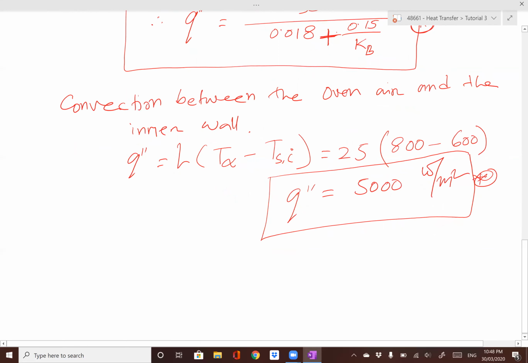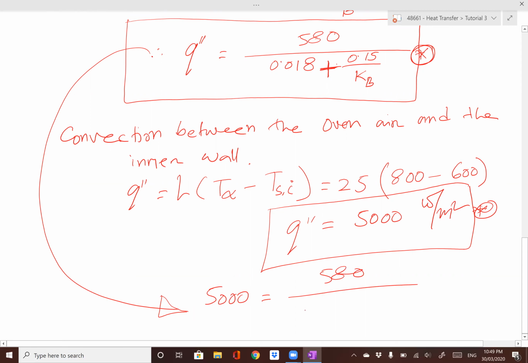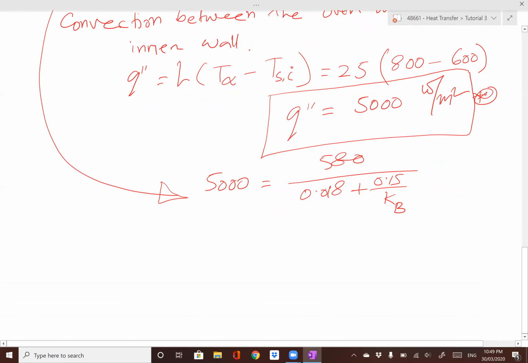So we can write down here, from this equation, 5000 equal to 580 over 0.018 plus 0.15 over thermal conductivity for material B. Now if we solve this one, we'll get our required answer. So material B thermal conductivity will be 1.53 watt per meter Kelvin.